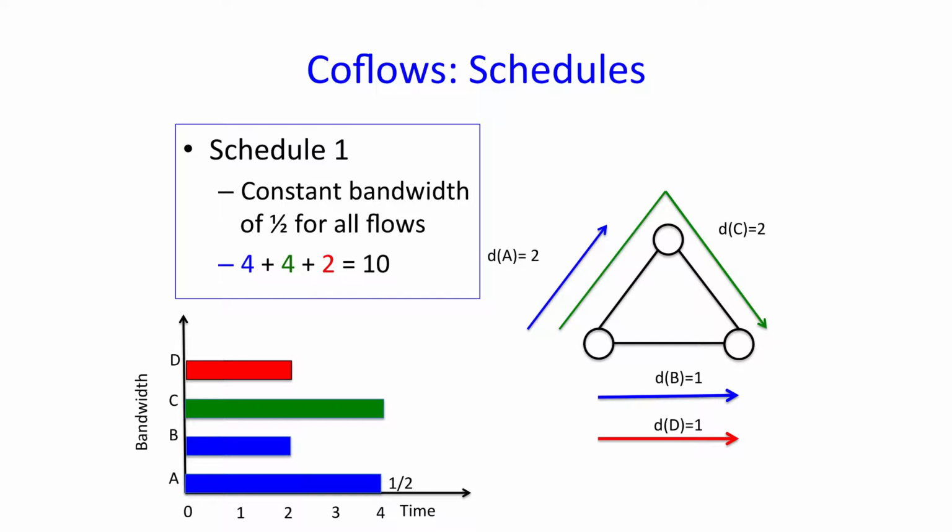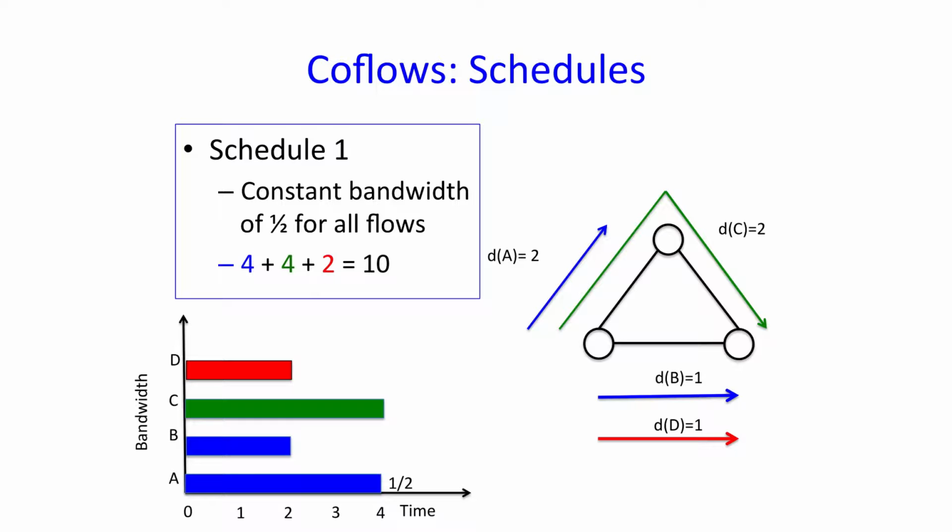Well, we could do the following. We could assign a constant bandwidth of half to every flow. There are 4 flows. We can assign a constant bandwidth of half to every flow. Why half? Well, these blue and red can only get half bandwidth because the capacity of this link is 1. Similarly, the blue and green can only get half at any point of time if they're going together, because on this link they can only get half. So we do, let's say, half.